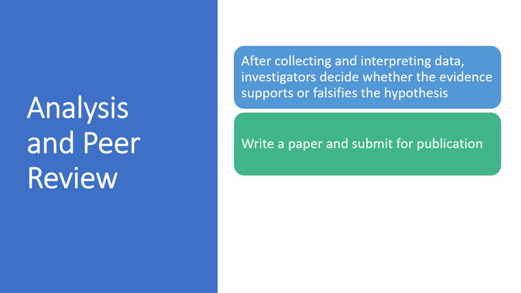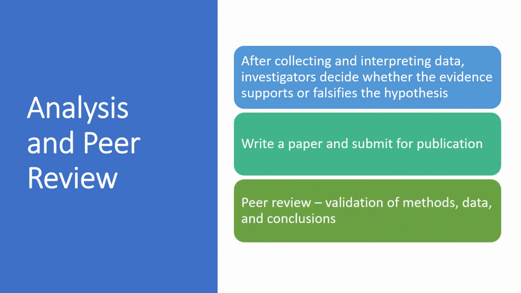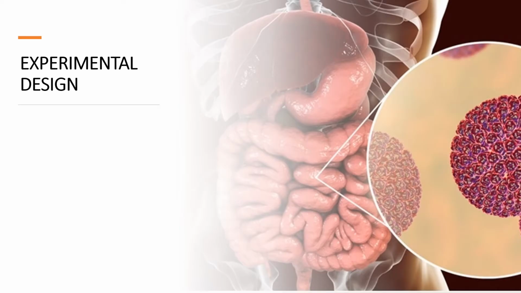In a process called peer review, these scientists independently evaluate the validity of the methods, the data, and conclusions. Overall, peer review ensures that journal articles, the tangible products of the global scientific conversation, are of high quality. Now we move on to the next topic, which is experimental design.